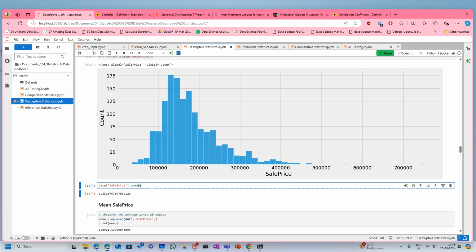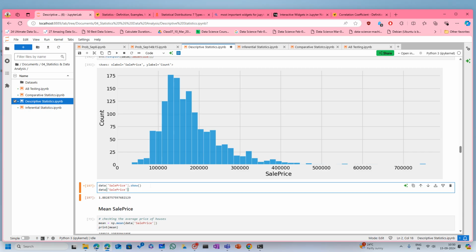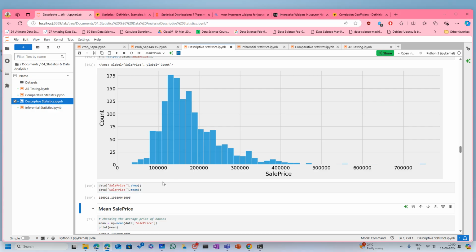Okay, and the second thing you can understand is, look at your mean. Where is the concentration of the values? Median is here. Middle values will be somewhere here. And if you immediately calculate the mean of this, notice, mean is also somewhere here only.